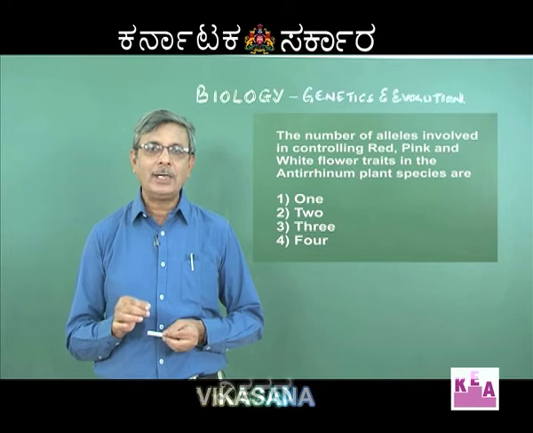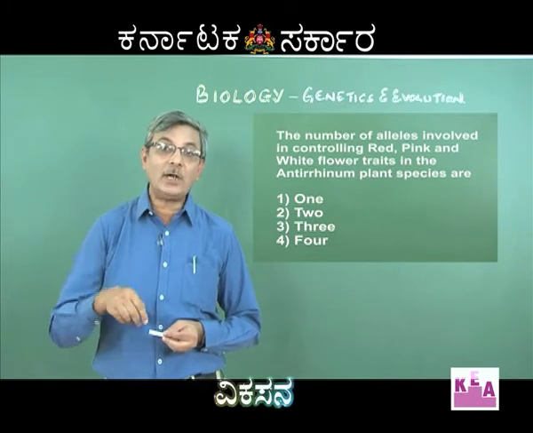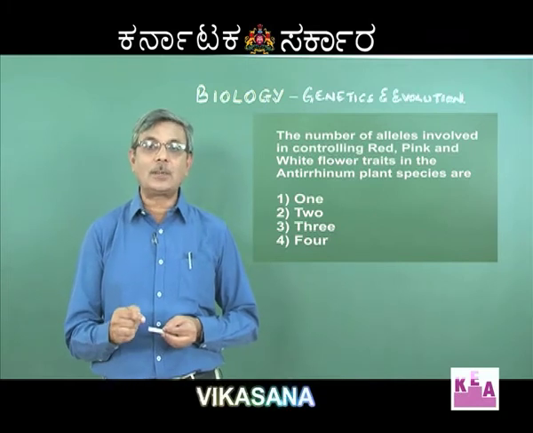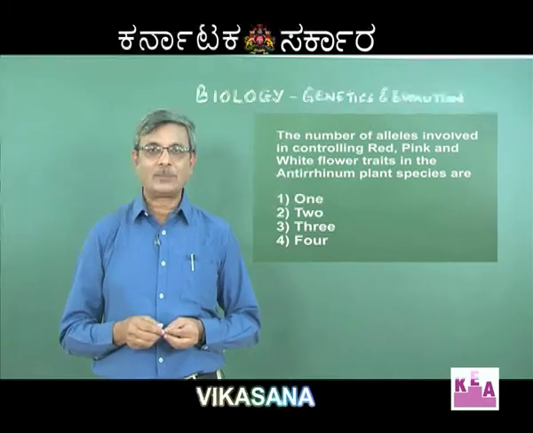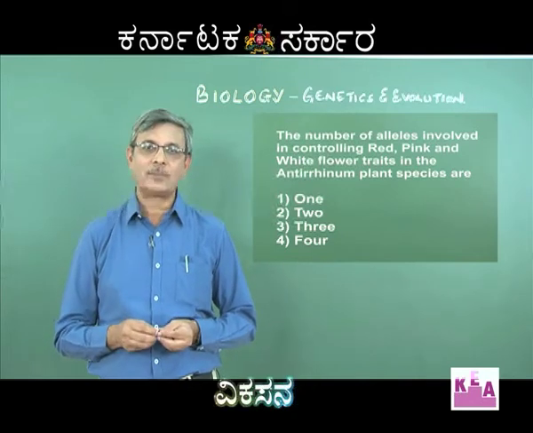Instead, you get intermediate trait expression. Whereas in the F2, in addition to the parental traits, you also get plants with the intermediate trait. And this is what we have in this question.